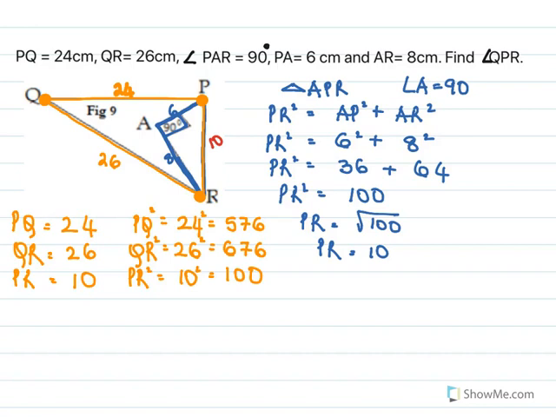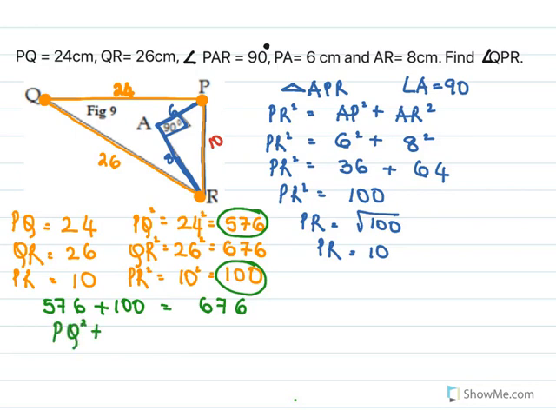Now if you look very carefully, you would have noticed that 576 plus 100 equal to 676, and 576 is PQ square, 100 is PR square, and 676 is QR square.